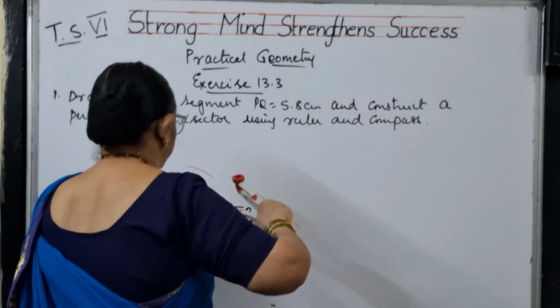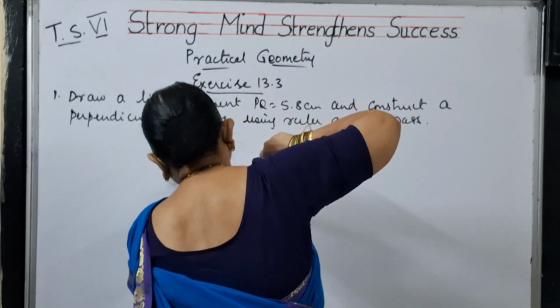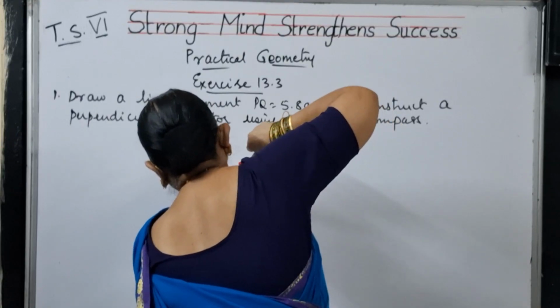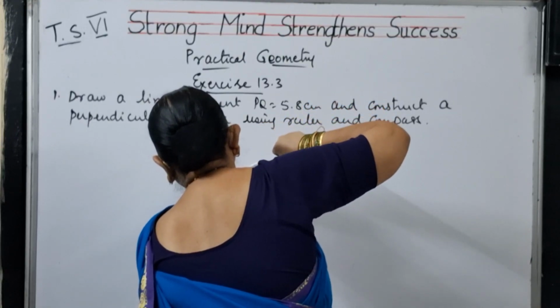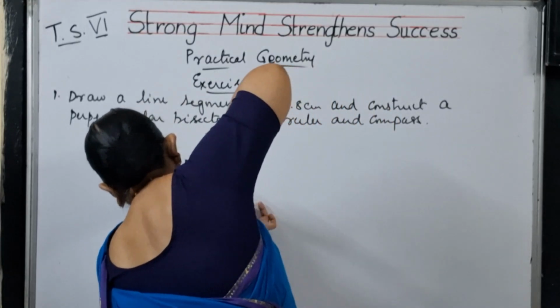Again, with B as center and the same radius, I should draw the arcs, one on this side and another on the other side.